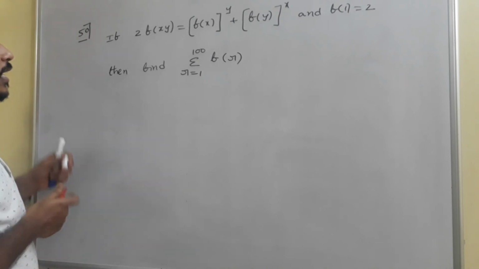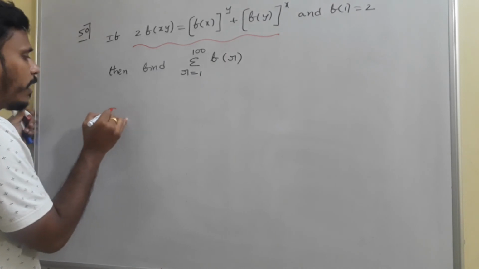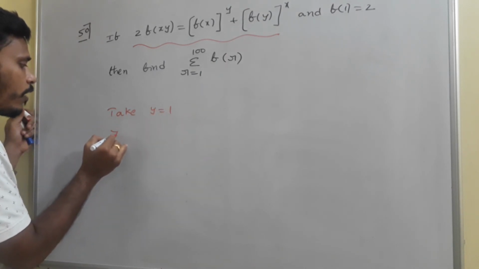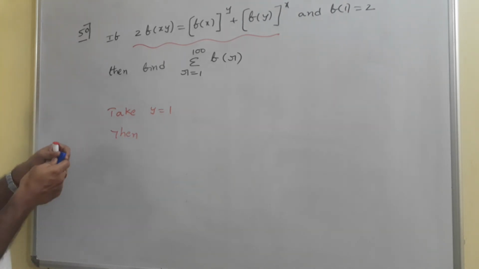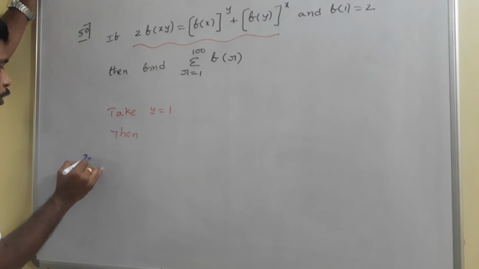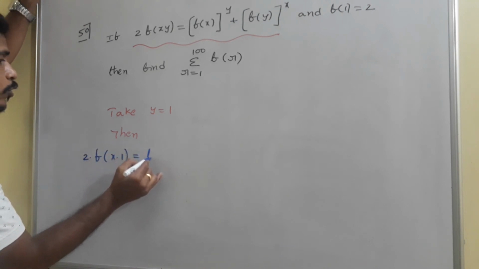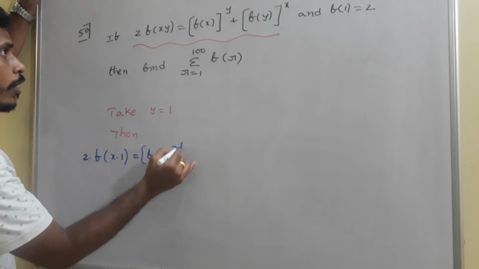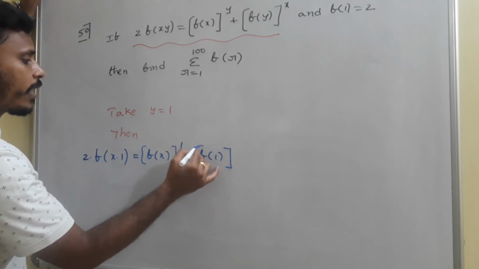With that basic idea, this is the given functional relation. In that, you just take y equal to 1. Then 2 into f of x into 1 is equal to f of x to the power 1 plus f of 1 to the power x.